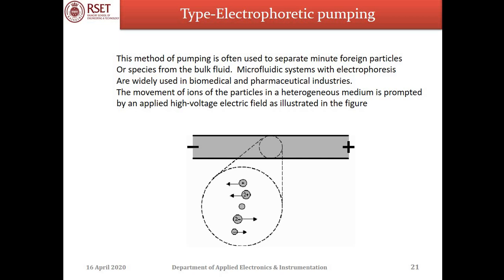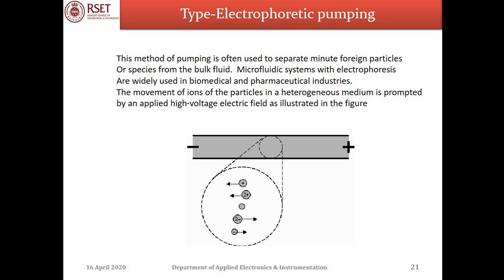Let us now look into the second type of EHD pumping, that is electrophoretic pumping. Now, this method of pumping is often used to separate minute foreign particles or species from the bulk fluid.